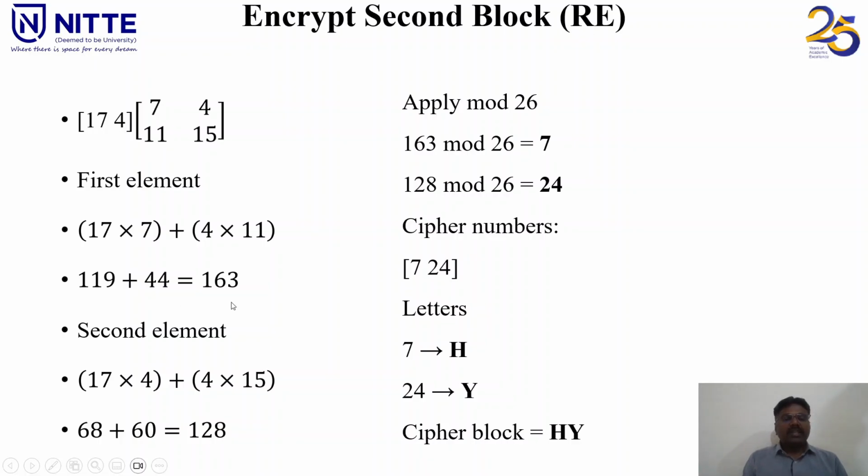I get the two elements 163 and 128. Again applying modulus 26, I get the values 7 and 14. Converting back into alphabetical letters, these are H and Y. So the second cipher block becomes HY.